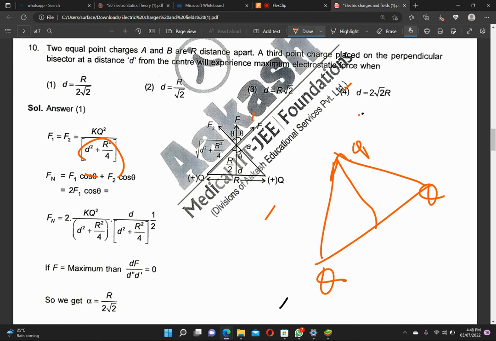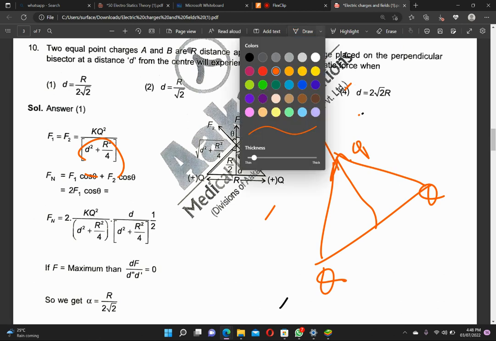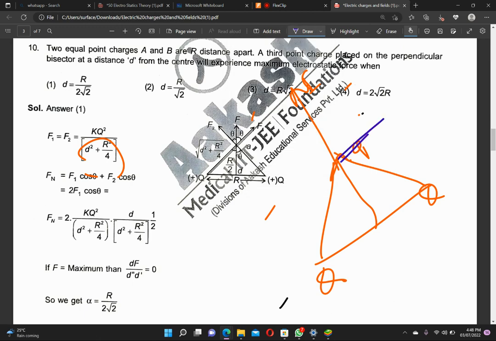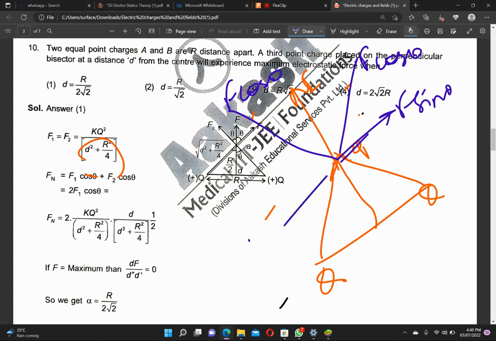Each force F splits into F sine theta and F cos theta. The equal and opposite components cancel each other, so you get F1 cos theta plus F2 cos theta, which is 2 F1 cos theta.